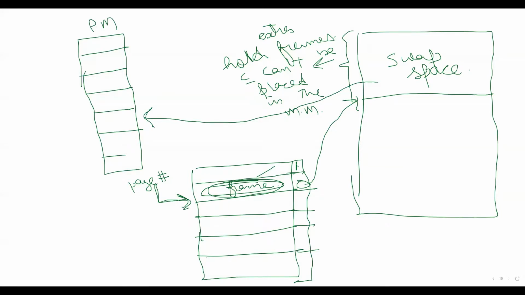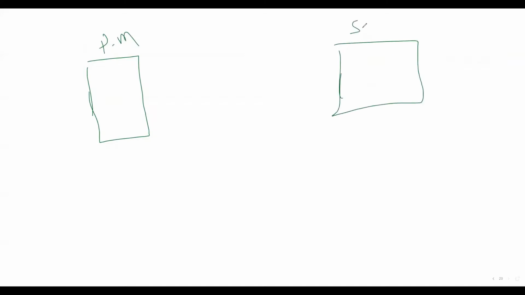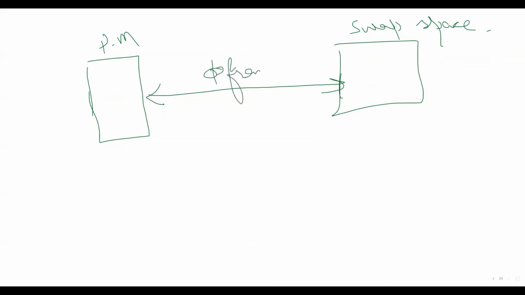So you can see that we have this primary memory and the swap space, and pages are interchanged between these two memories. So let's say it is 2 GB primary memory and we have selected this as 3 GB.